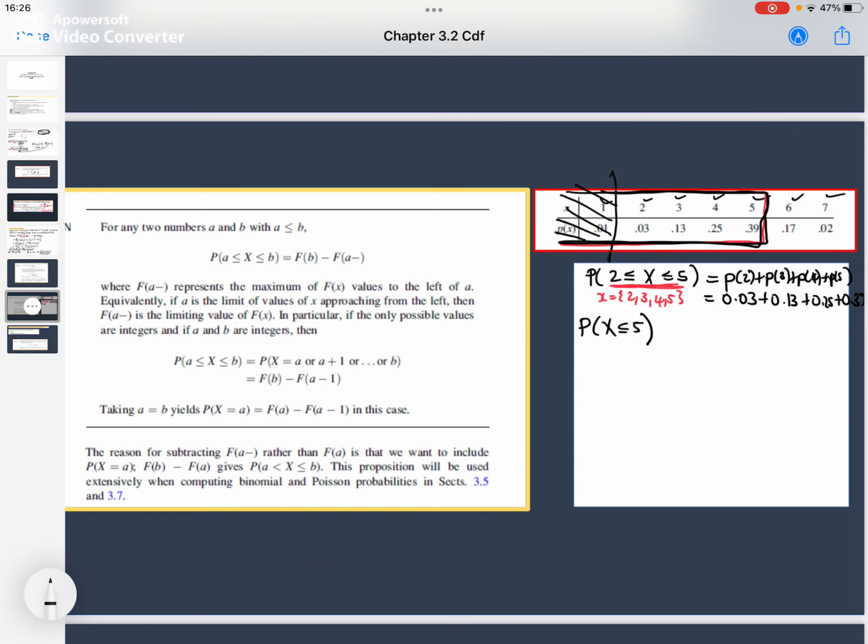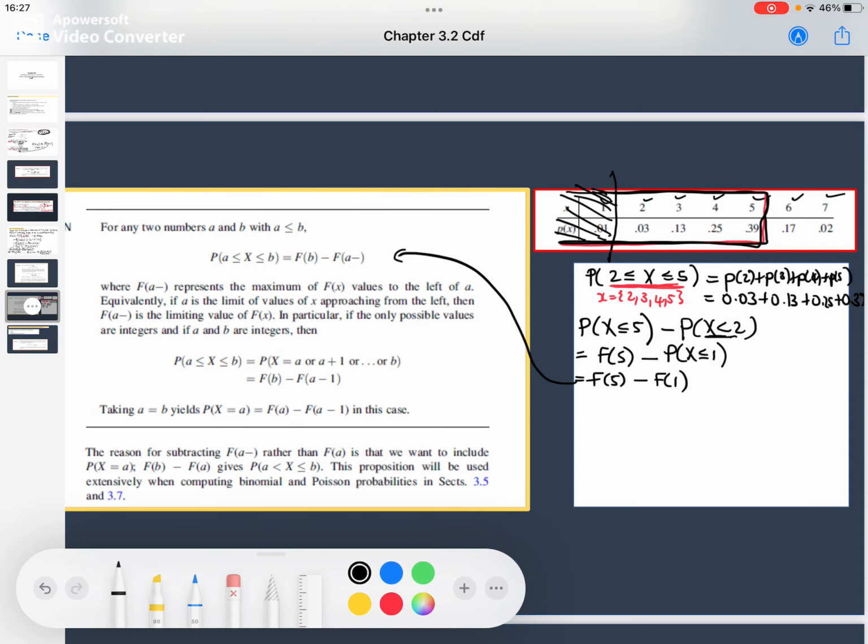And then you subtract everything that is less than the minimum value of 2. So we have the probability of x less than or equal to 5 minus the probability of x less than 2. That is equal to F of 5 minus the probability of x less than or equal to 1, since that's the only x value that's less than 2. And so we have F of 5 minus F of 1. Do you now understand this proposition?